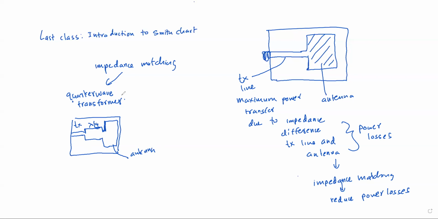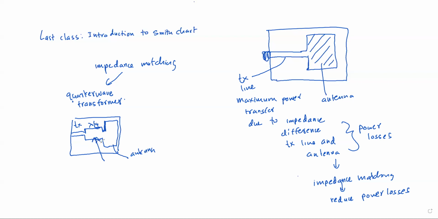Once we have fabricated this circuit, it's difficult to change this matching, because whatever stub we have made is fixed.